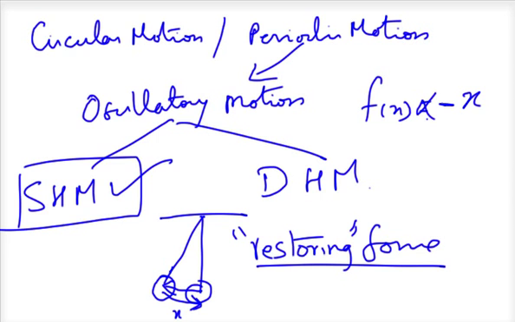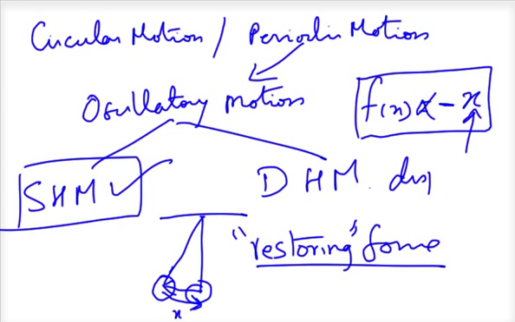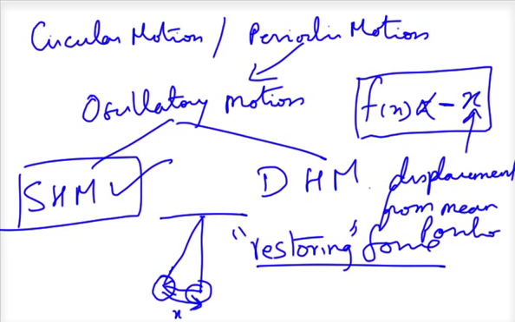So whenever I have a case where a body is moving such that the restoring force is proportional to negative x, where x is the displacement from mean position, in such cases, I can term the motion of the body as simple harmonic.